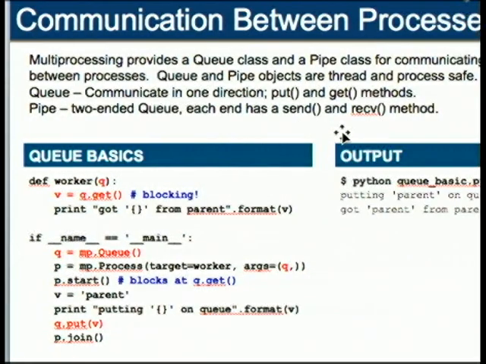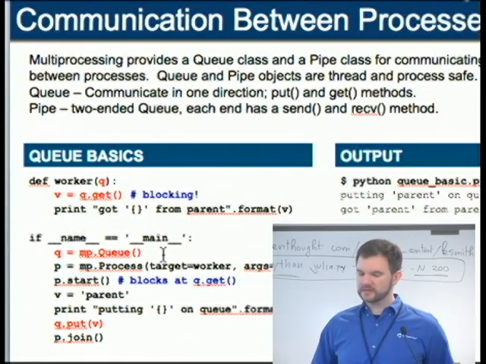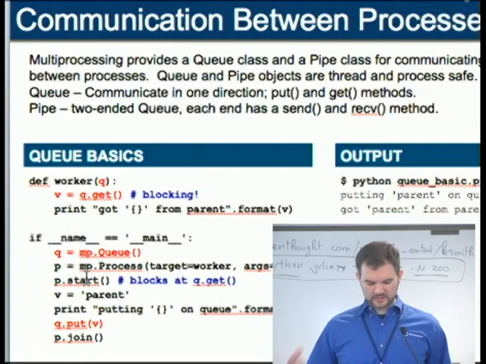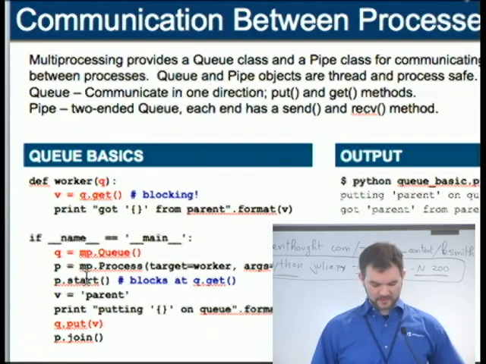There are facilities for communicating between processes while they're running using queues and pipes. Here we're showing an example of getting something from a queue inside of our worker. The main process, when it's run, creates a process, passes in a queue as an argument, and then starts the process that's running remotely.